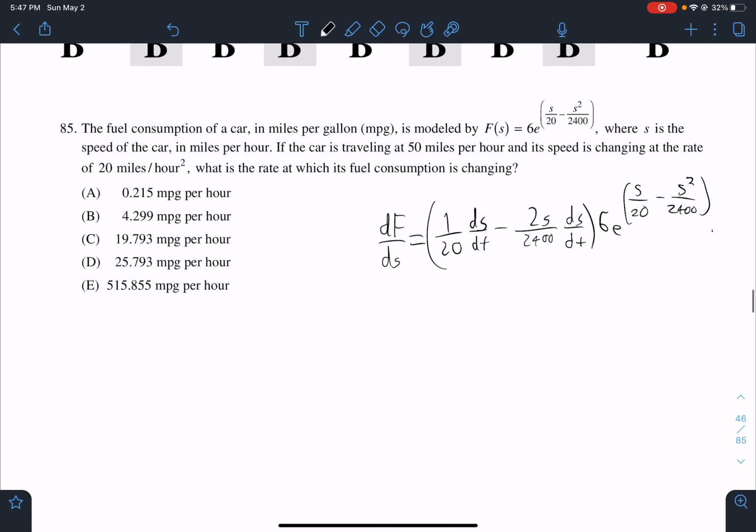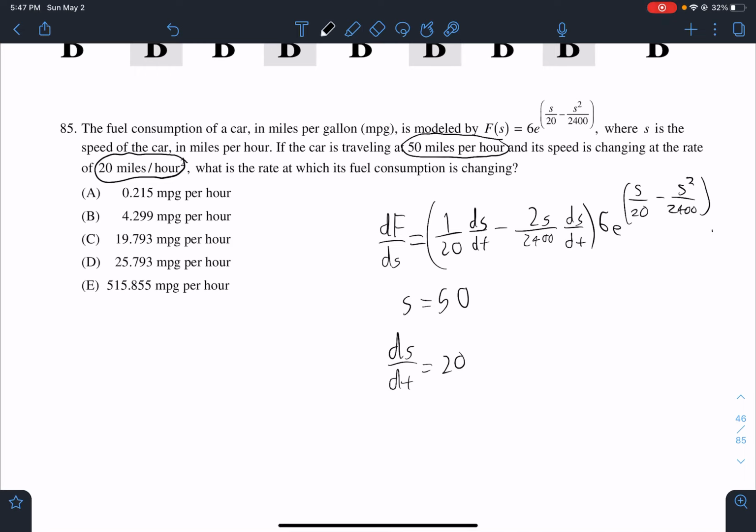Awesome. From the problem, we know that the car is traveling at 50 miles per hour, so s is 50, and its speed is changing at the rate of 20 miles per hour squared. So we know that ds/dt is equal to 20.